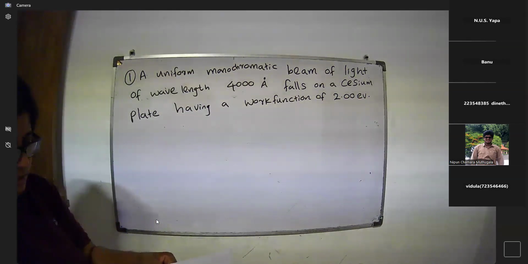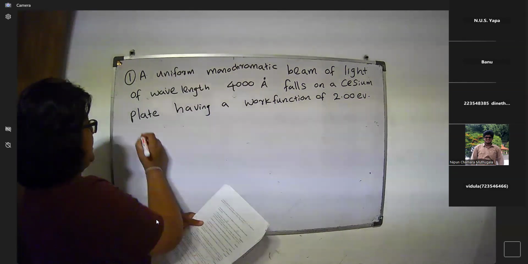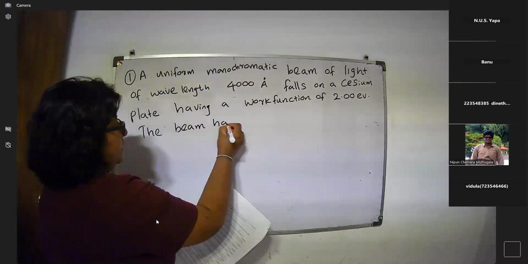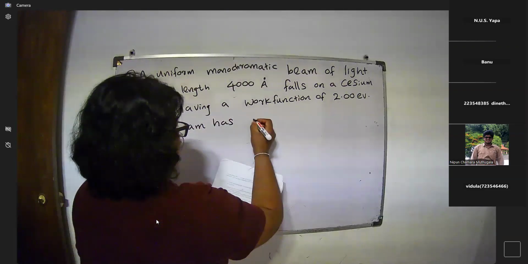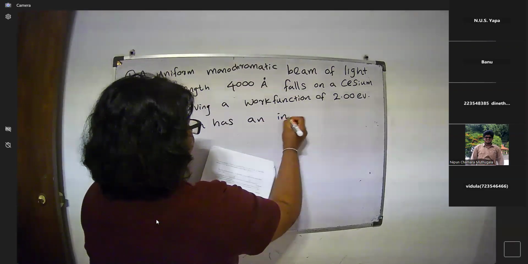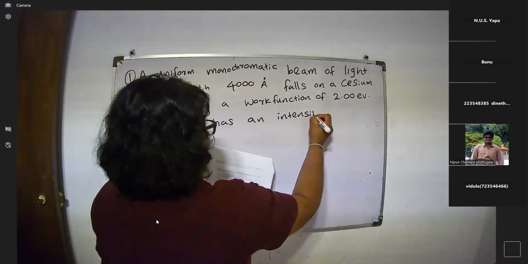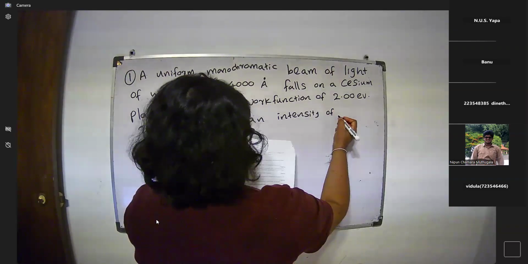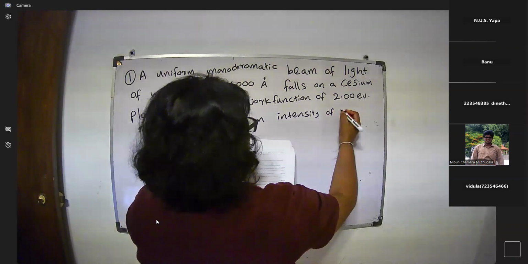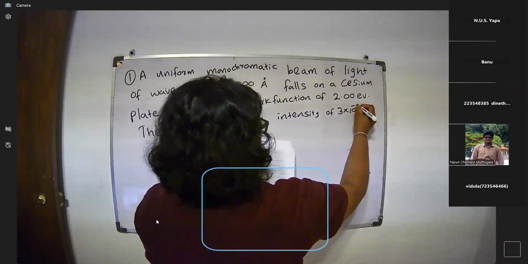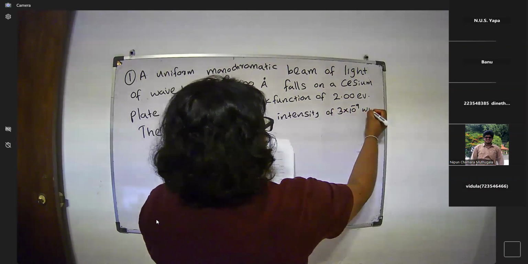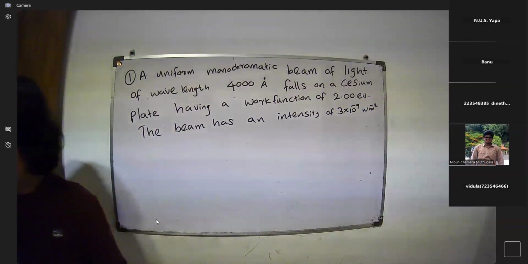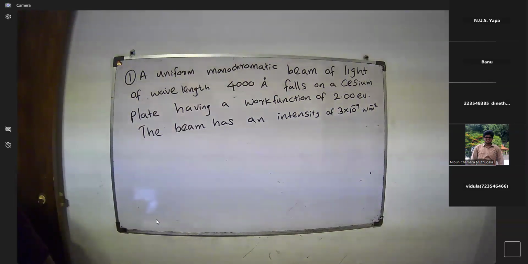The beam has an intensity of 3×10⁹ W m⁻². This is a combination of the Planck constant and the photoelectric effect.